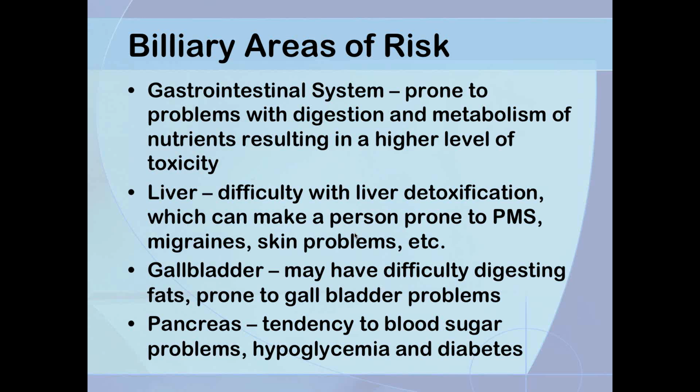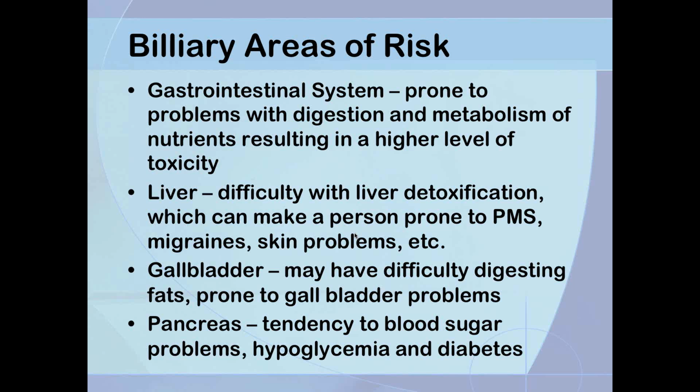The liver is a major area of risk in the biliary constitution because there may be problems with the detoxification pathways in the liver, and the liver being able to efficiently detoxify things, which can lead to a wide variety of health problems because, for instance, PMS often arises from issues in liver detoxification, migraine headaches, skin eruptive diseases are often tied to liver problems.